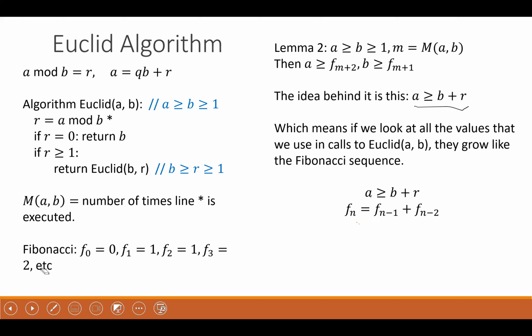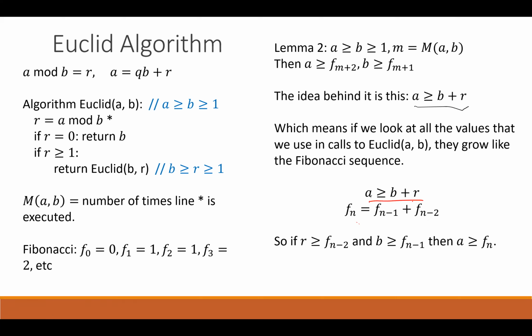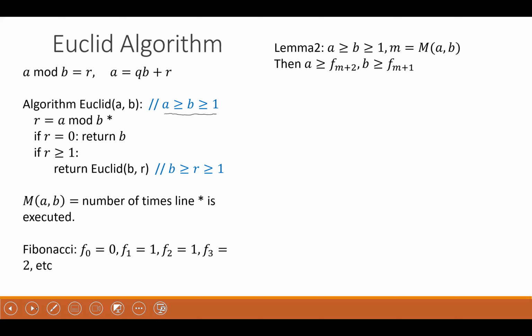So it looks like the Fibonacci sequence if we write them out like this. So if R is at least the f of n minus 2 Fibonacci number, and B is at least the n minus 1 Fibonacci number, then A must be at least f of n. All right, so we're going to prove all of this and use that to bound the runtime.